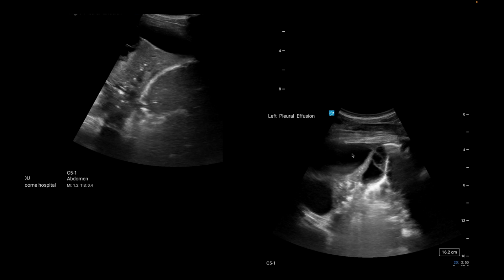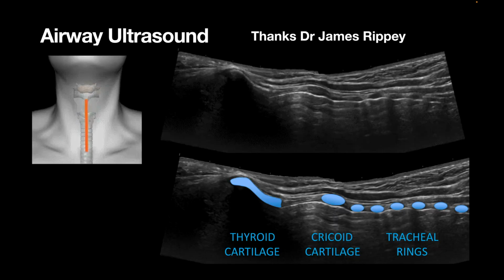empyema. Now, a quick little note about airway ultrasound, just while we're in the chest, and this is courtesy of my good friend Dr. James Rippey. If you take a longitudinal slice of ultrasound through the neck, you can see the anatomy quite nicely.